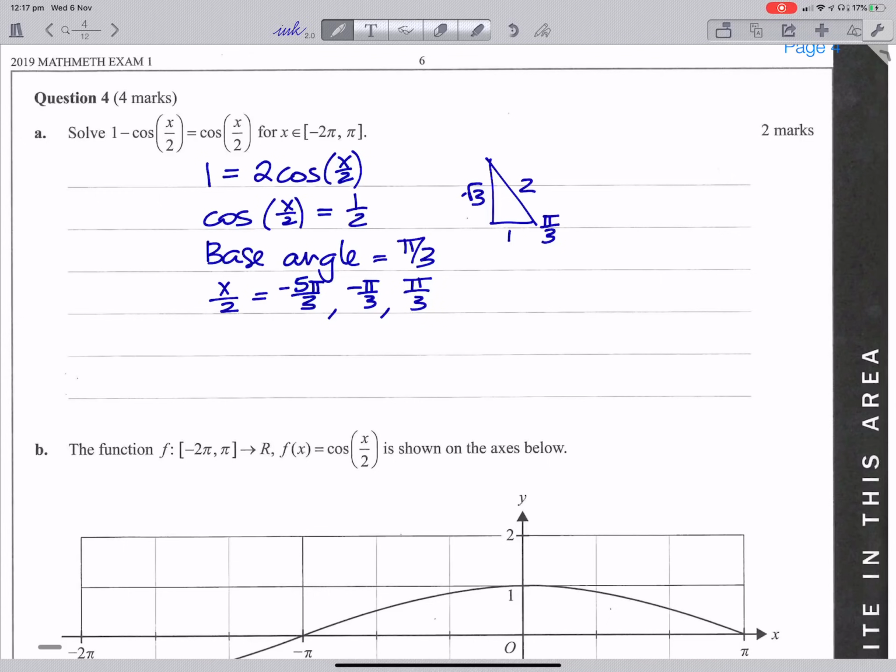Now, because we're going to double everything, this answer is going to get pushed out. So we don't need that one. So negative pi on 3 and pi on 3. So therefore, x equals negative 2 pi on 3 and 2 pi on 3.